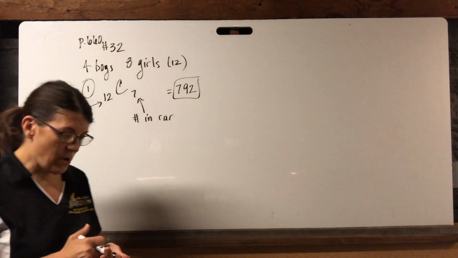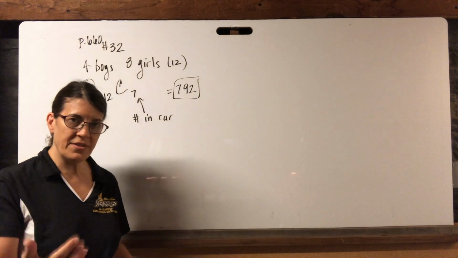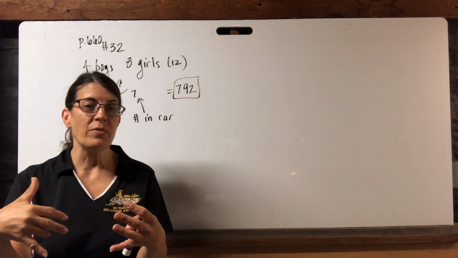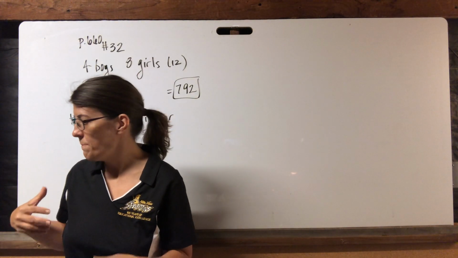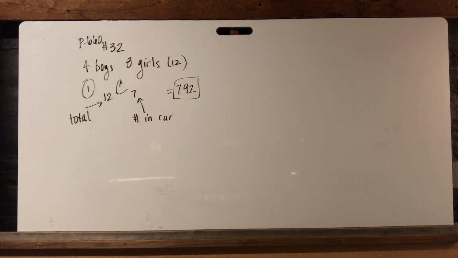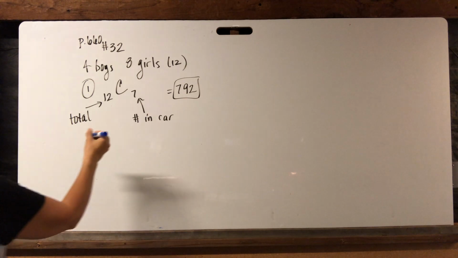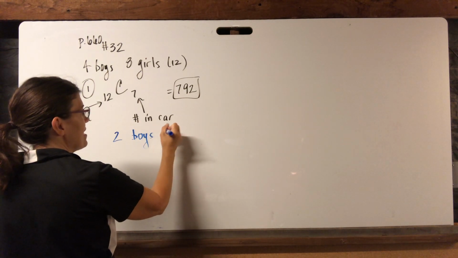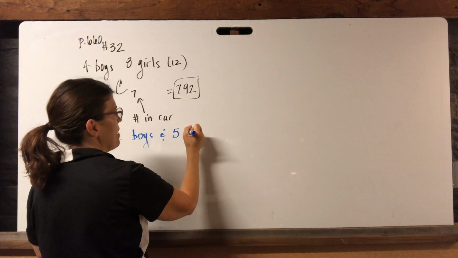Okay, I want 2 boys, 5 girls. This is the star. This is where almost all probability problems fall into this format, I should say. Two boys and 5 girls.